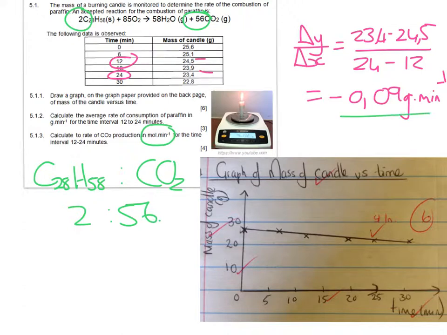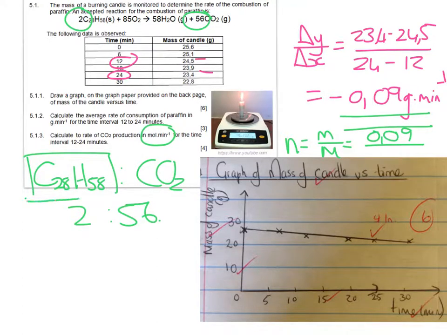Now, I know I was losing at that rate, so instead of 2, I am going to land up with number of moles, which is mass over molar mass, which is equal to 0,09 divided by the molar mass of this ginormous candle wax formula, and it turns out to be 394, and I get 2,2 times 10 to the negative 4 moles.